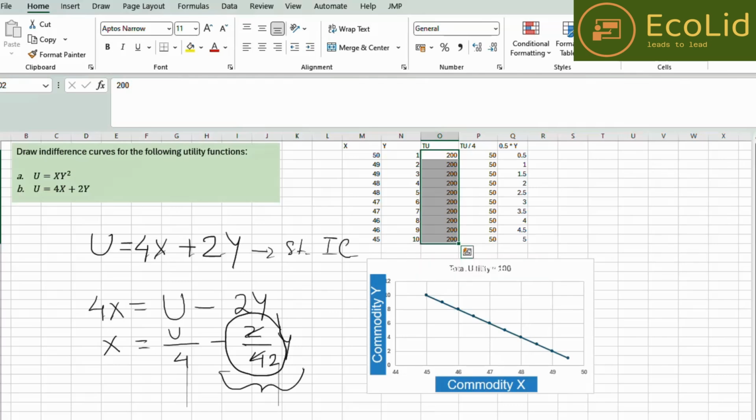Now sometimes students ask me whether we should draw the indifference curve accurately by generating the values of x and y, or by identifying the commodity combinations, just like how we have solved it right now in this video. See, it is not necessary that you draw the indifference curve the way we have drawn it here.